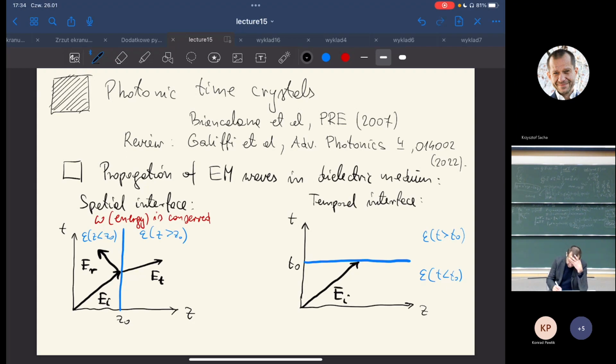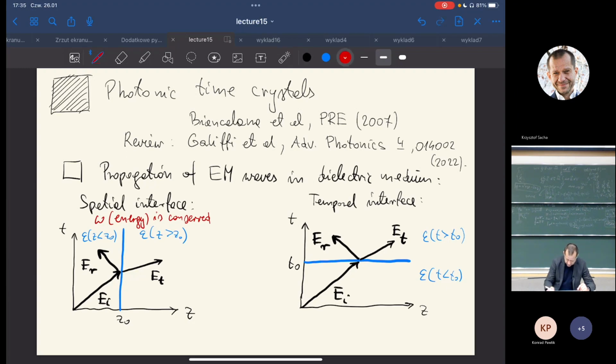So what we expect is propagation, but in general with a different velocity. So this is the transmitted part. And now what happens? One would say there is reflection, but no, we cannot go back in time. But there is a reflection because in the solution the sign in front of the frequency is changed, and the wave is reflected.